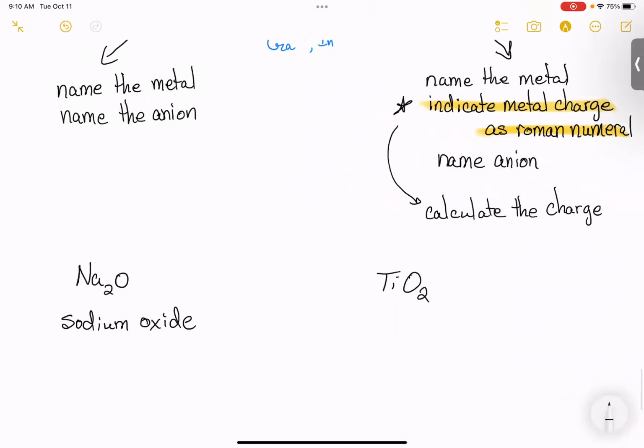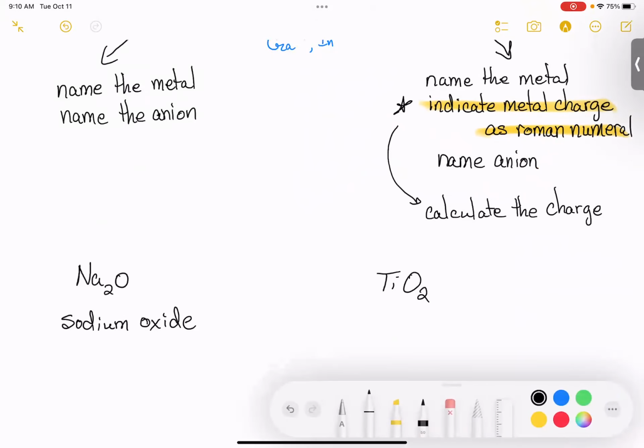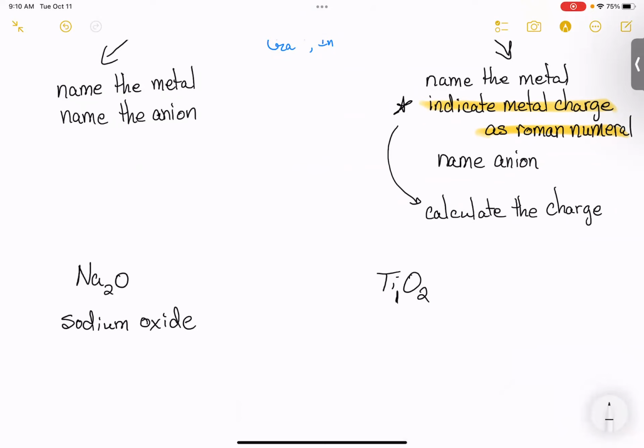Even though it's not shown, that means you have 1 titanium. You can assign any variable you want.